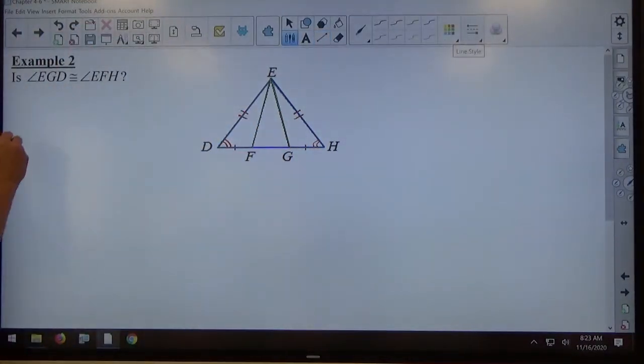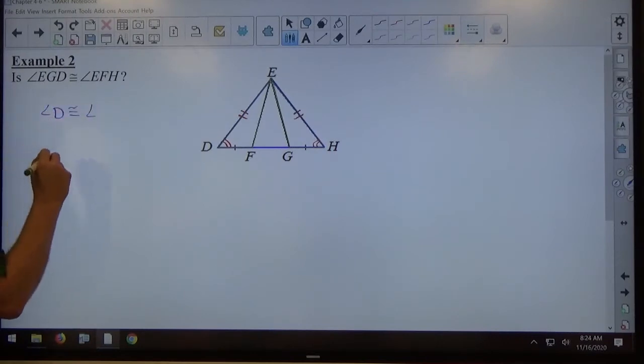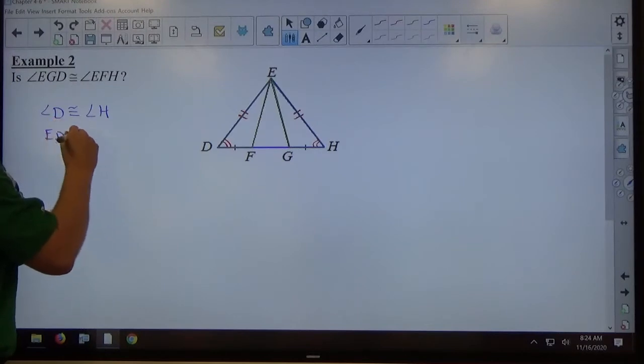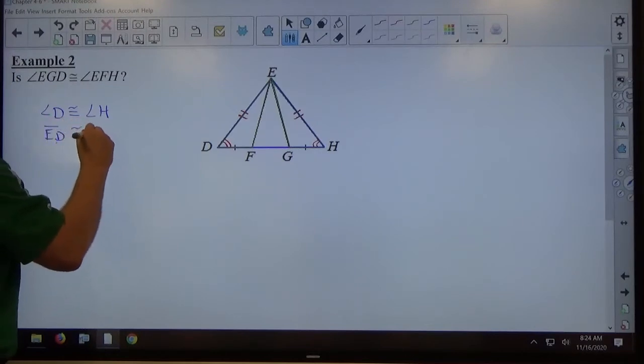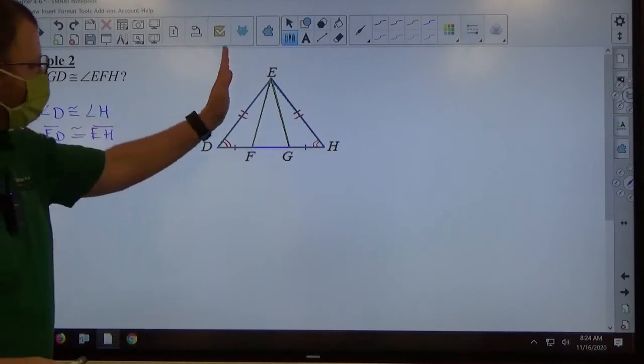So I know that angle D is congruent to angle H. We already know that ED and EH are congruent. Right? That's congruent to that.